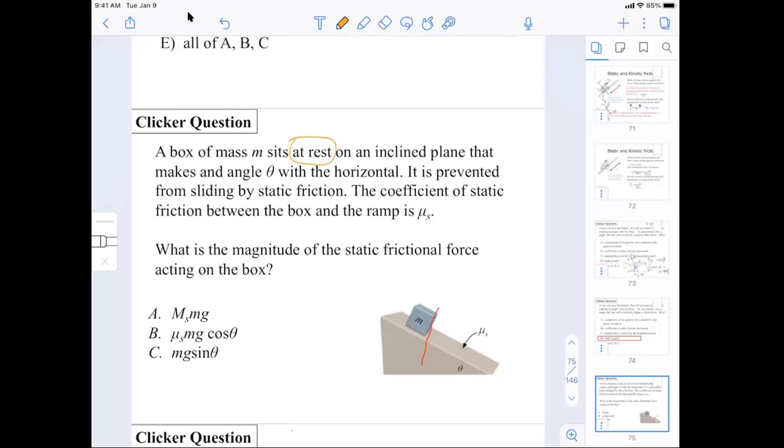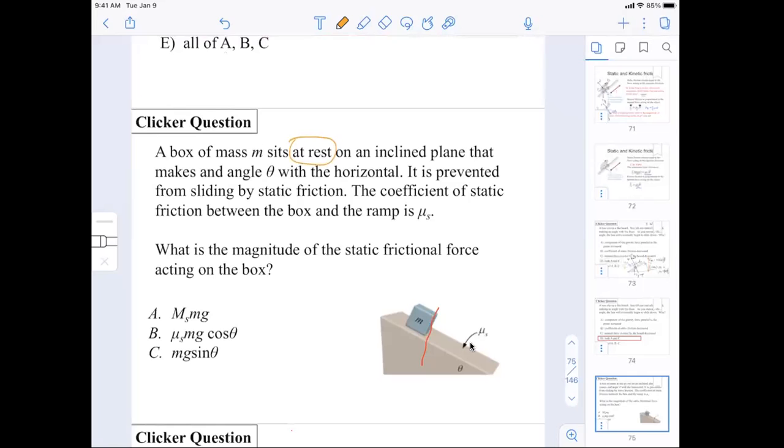Okay, 85% of the votes already came in. So we will continue to collect votes for another maybe 20 seconds. Okay, let's take a look at this together.